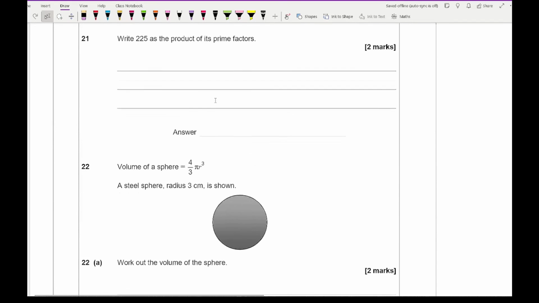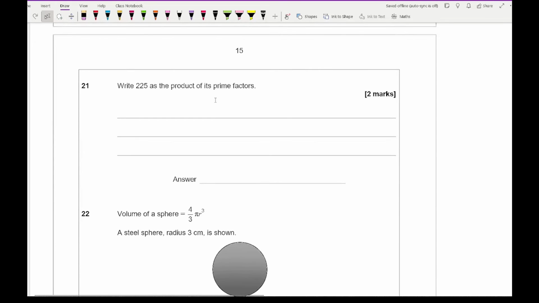Moving on to question 21, it says write 225 as a product of its prime factors. So you can either use your calculator or you can use a factor tree, in which I've got 5 and 45. 5 is prime, so I can put a circle around that.